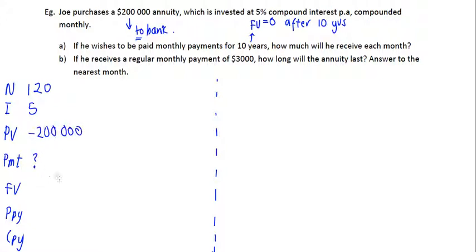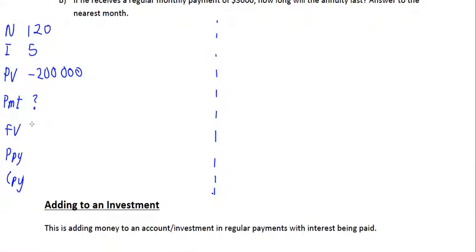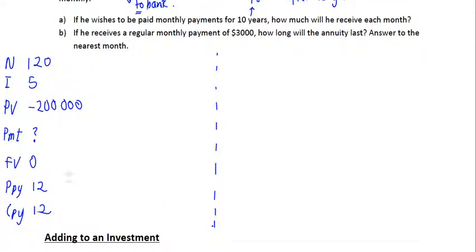Payment, that's what we're trying to find. Future value will be zero because the annuity will run out. It's monthly payments and it's compounding monthly. When you put all that information in and solve for PMT, you get a positive number. This is what we expect because he's going to get this money from the bank.